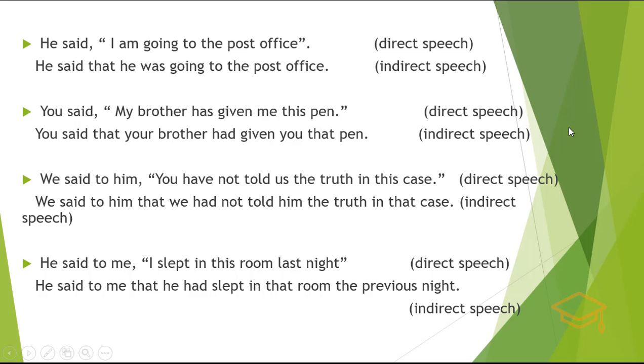You said that your brother had given you that pen. The third example, we said to him, "You have not told us the truth in this case." We said to him that we had not told him the truth in that case. Did you see? I changed "this" into "that", "have" into "had", and inverted commas into "that".